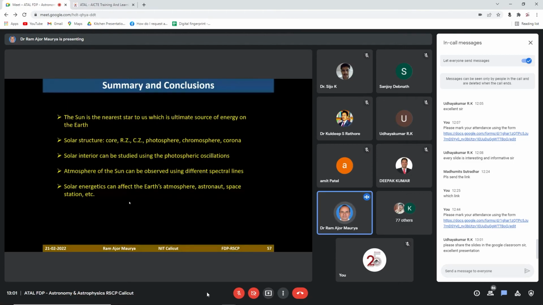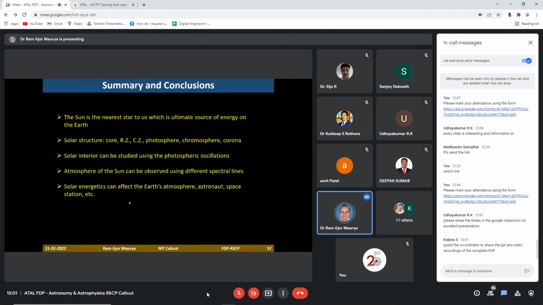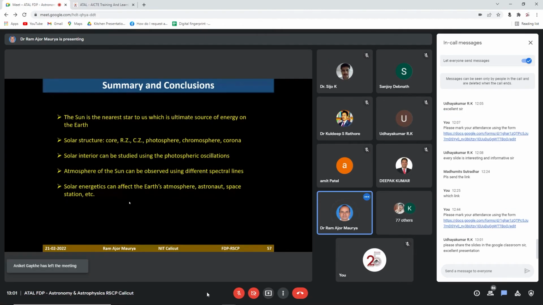Then in the solar atmosphere we have the ejection of some masses, some particles, called coronal mass ejections. You can see there is a blob of material coming out. That is called a coronal mass ejection. And here we have the measurement of the solar wind.